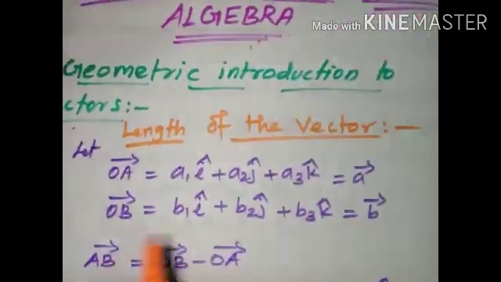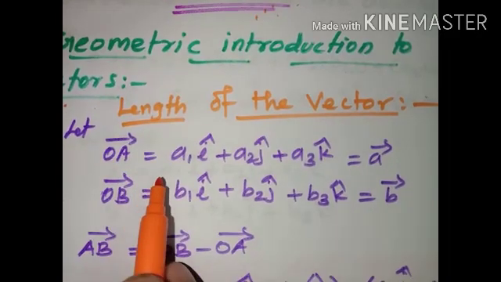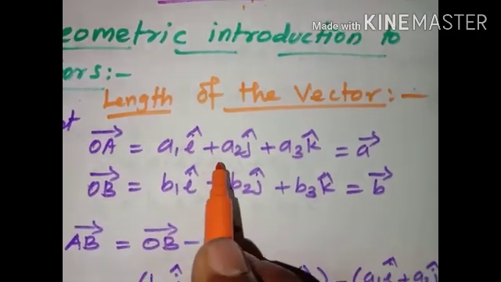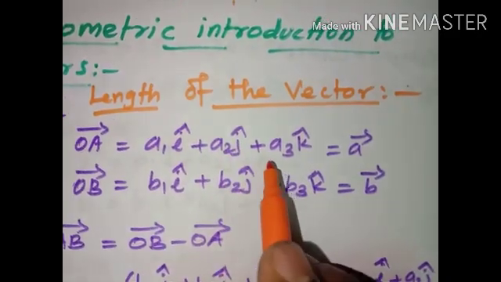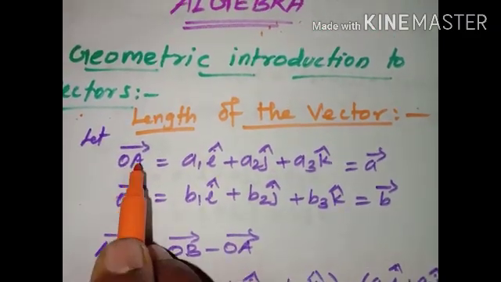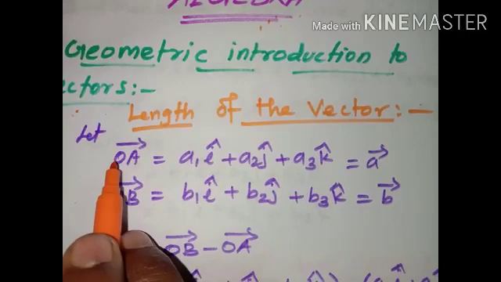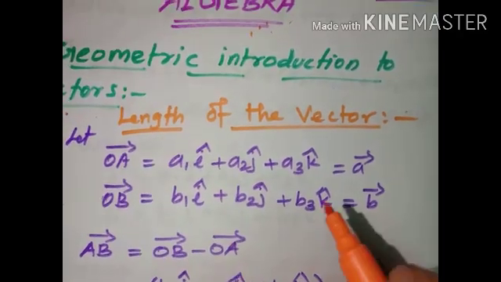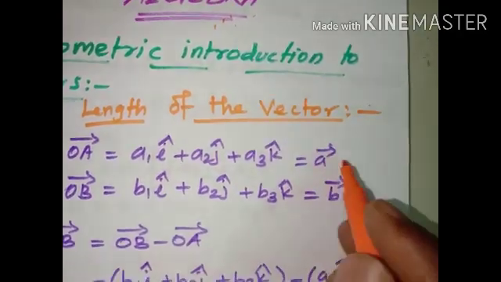Length of a vector. Let OA vector equal A1 i cap plus A2 j cap plus A3 k cap. OA is a position vector, the position vector of A, which is the A vector.